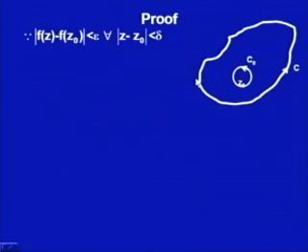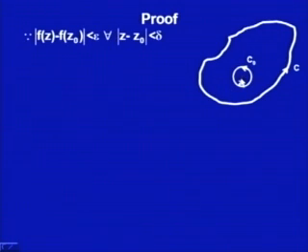f z is analytic in this whole region. That says f z would be continuous. Because the function is analytic everywhere, it is analytic at z naught also. Analytic at z naught means it is continuous at z naught.